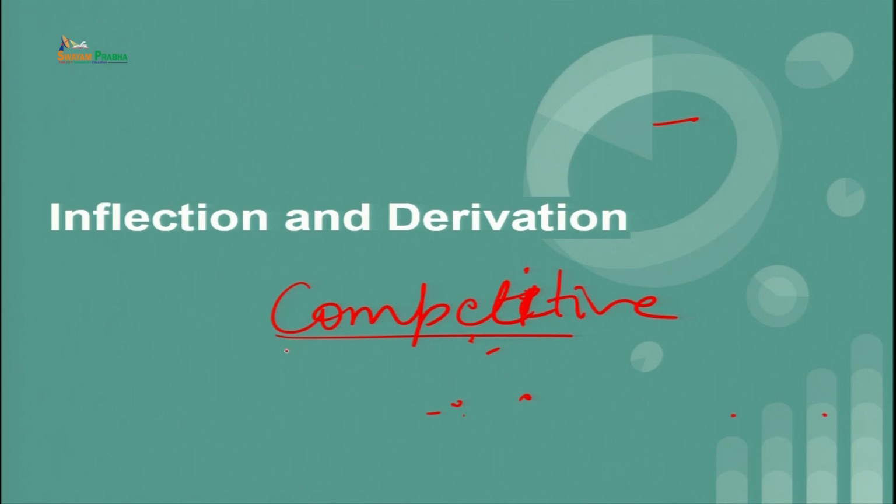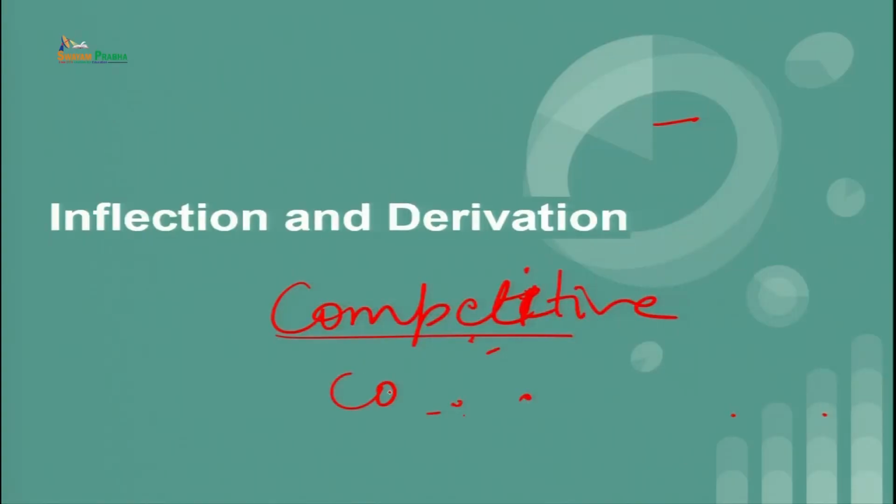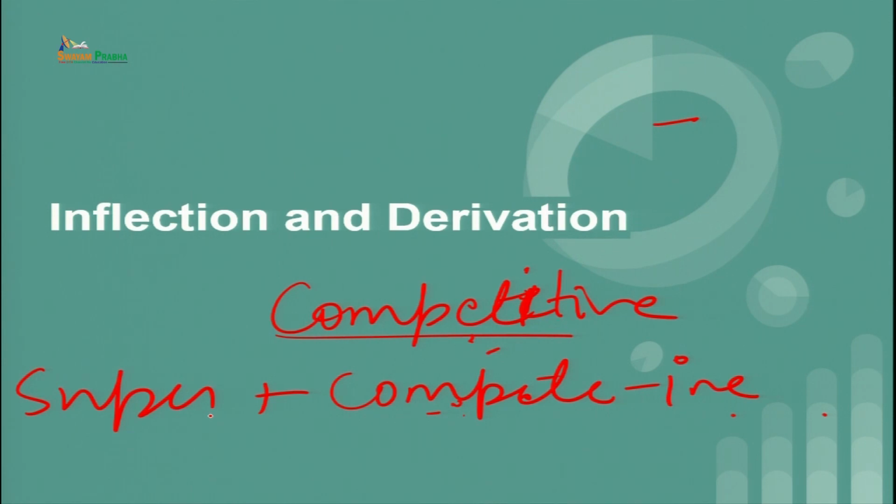Let us talk about competition. When we insert IVE as a suffix, we will realize that its meaning can get changed if we add a prefix with it. So, in the word compete, you add IVE, and in the prefix you can add super also. So, it will become super competitive. Therefore, you realize that the meaning gets changed, or you can say that the meaning gets expanded. There is an expansion that has been taking place, right. Similarly, you can say super competitively or super competitive.